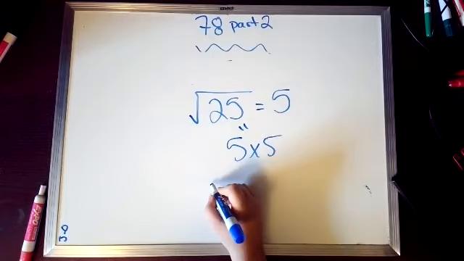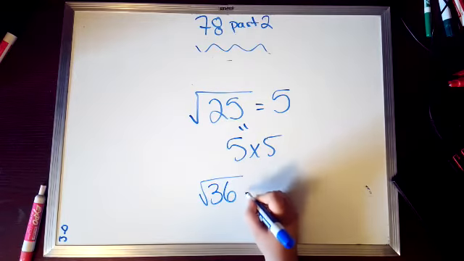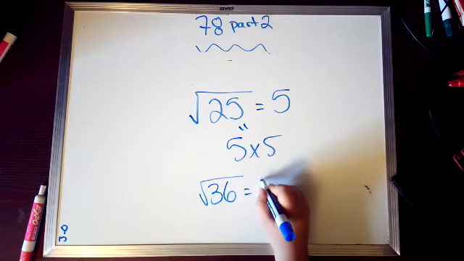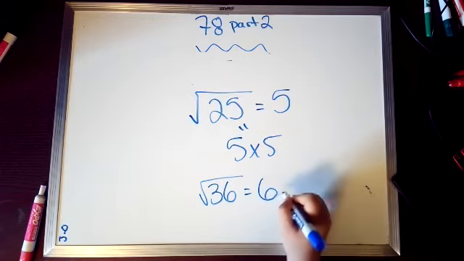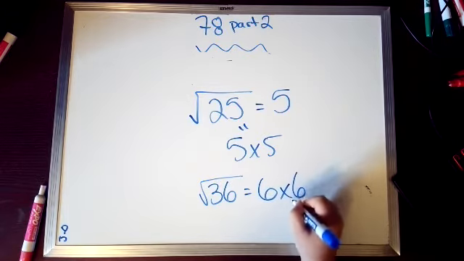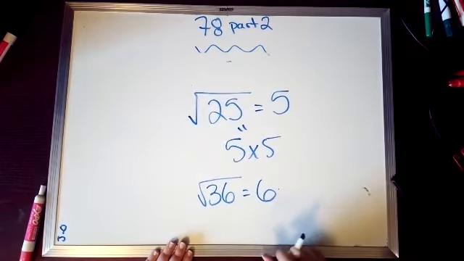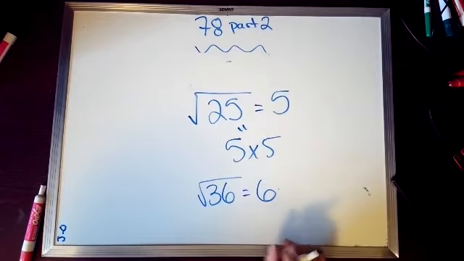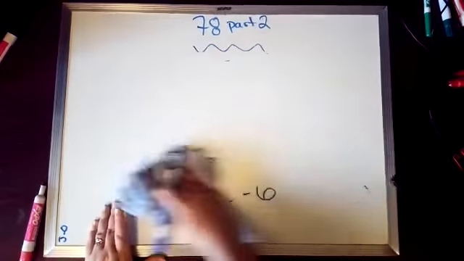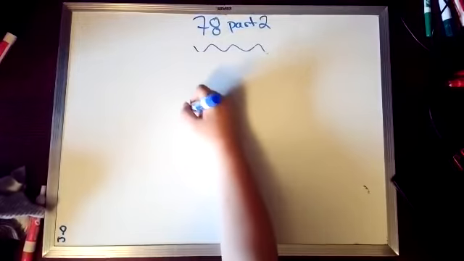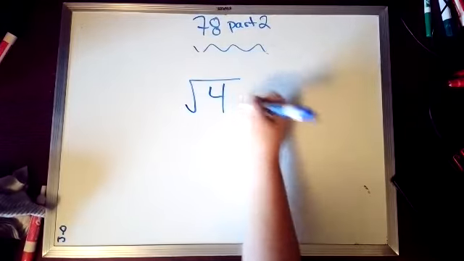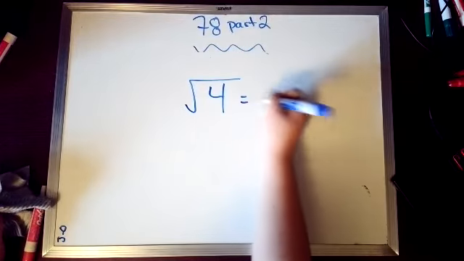If I had 36, the square root of 36 would be 6, because 6 times 6 is 36. So the square root of 36 is 6. Okay, again, another one is the square root of 4.